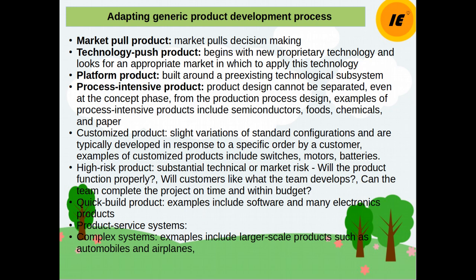Finally, complex systems. Large scale products such as automobiles and airplanes are complex systems comprising many interacting subsystems and components. When developing complex systems, modifications to the generic product development process address a number of system level issues. The concept development phase considers the architecture of the entire system, and multiple architectures may be considered as competing concepts for the overall system.